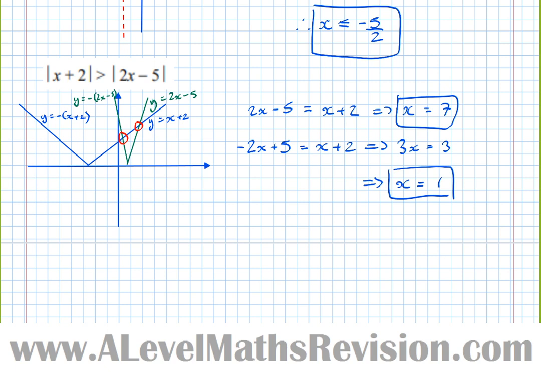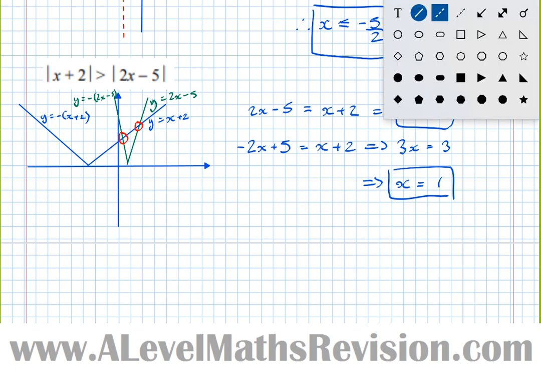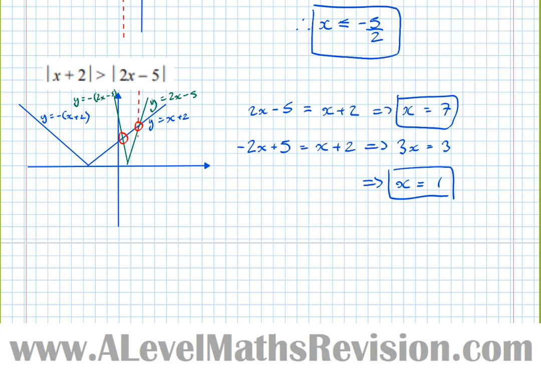So, let's divide this, as we did before, into strips through the roots. Vertical strip there, and a vertical strip here, and a vertical strip here.